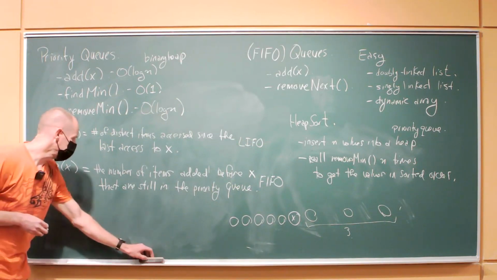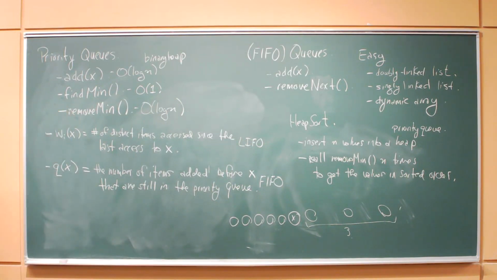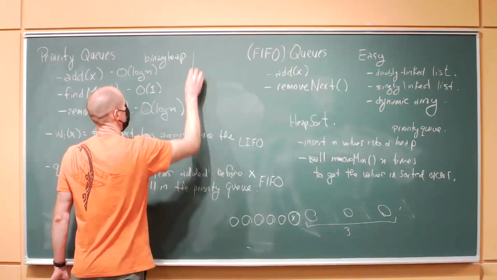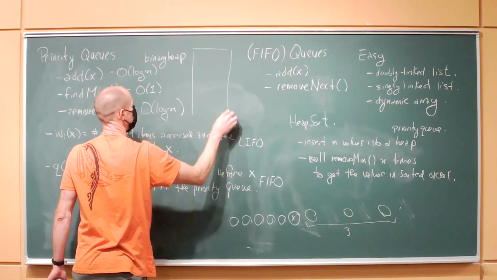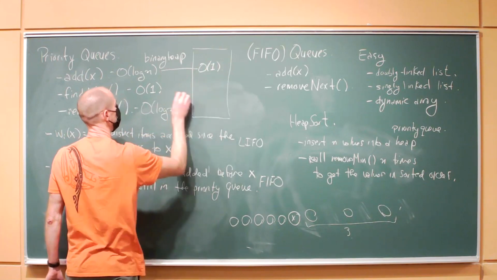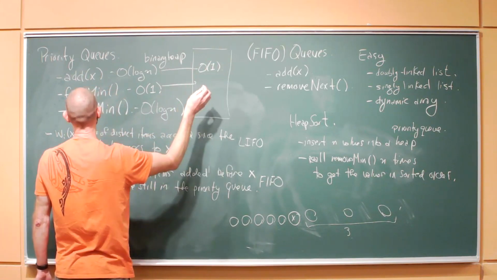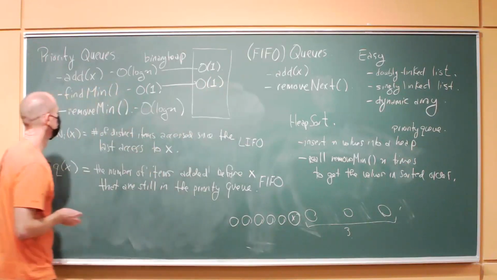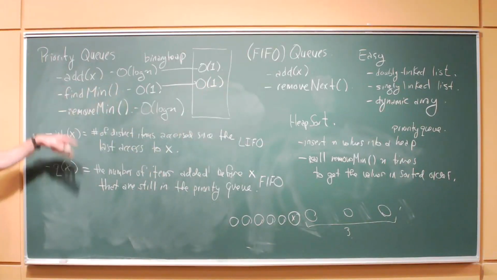And what we would like is a data structure that gives the following bounds. I want to be able to insert in constant time. I want to be able to find the minimum in constant time, so at least as good as these things.